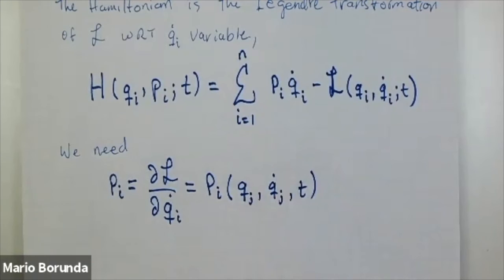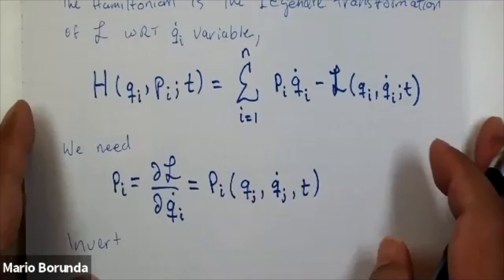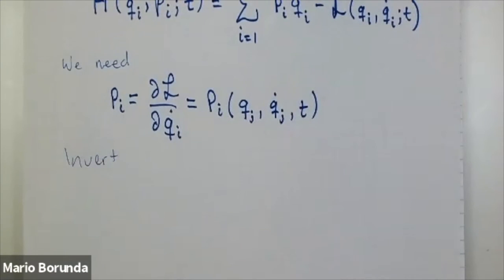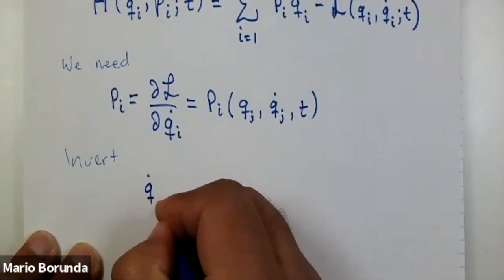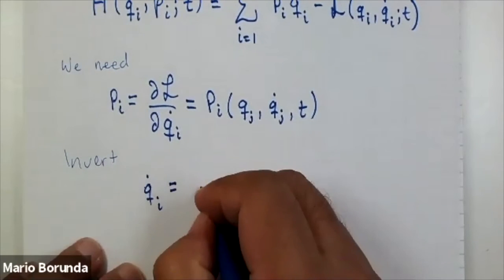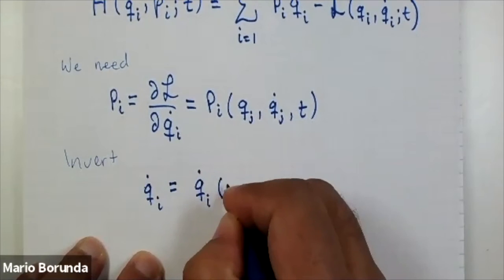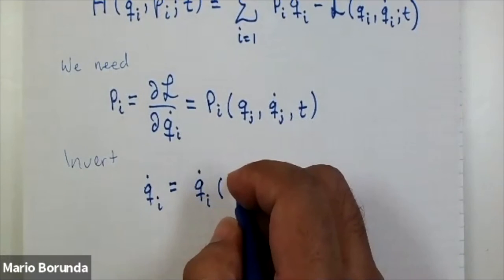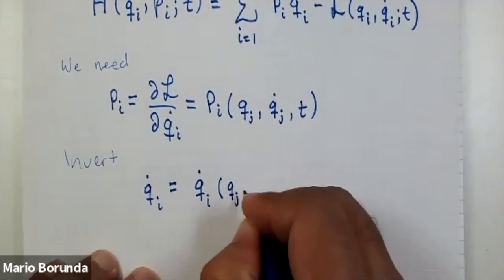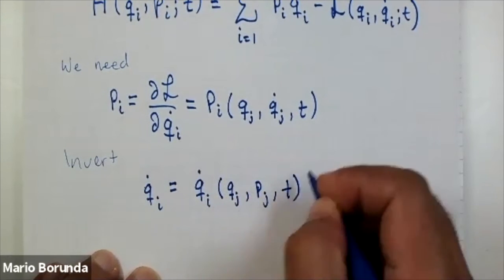So now we can invert the relationship that we just put in with the p and the q and the j's, and we know that q dot I is going to be equal to a function q dot I that depends on my qj, the pj, and time.